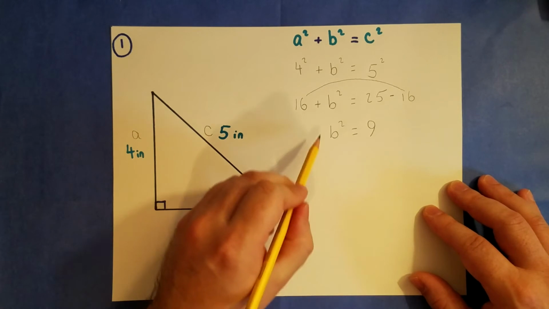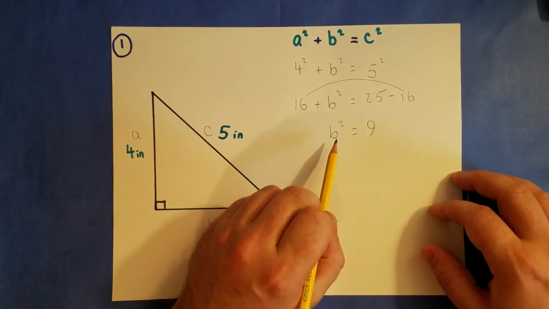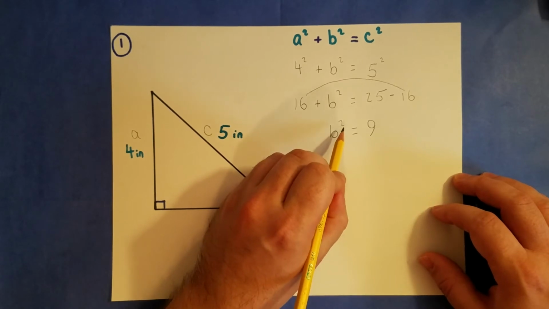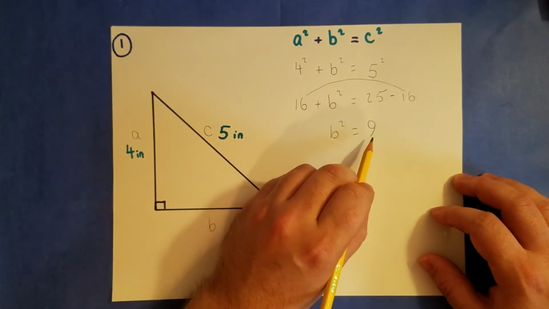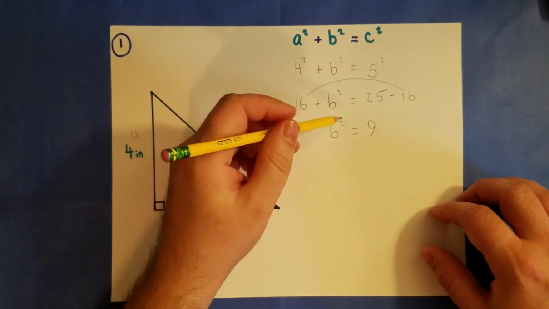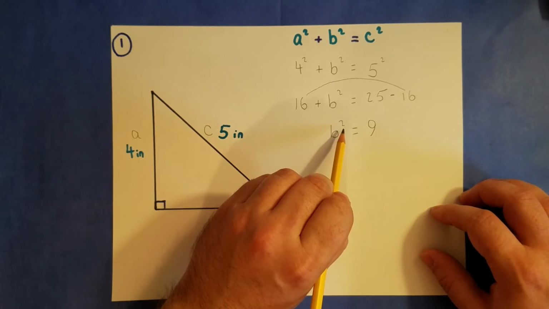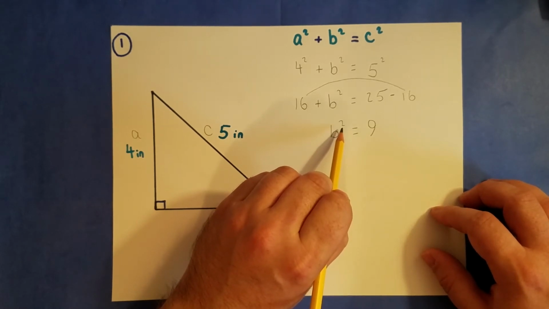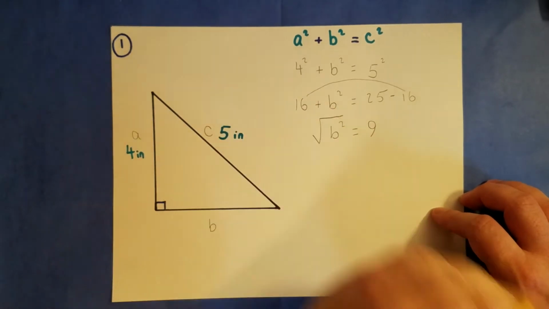B squared equals 9. So I'm almost there. This is a one-step equation. This is where a lot of us might get stuck. So I know that B squared gives me 9. I'm going to square some number to get 9. So remember inverse operations. I want to undo this squaring. How do you undo the squaring of a number? You take its square root.